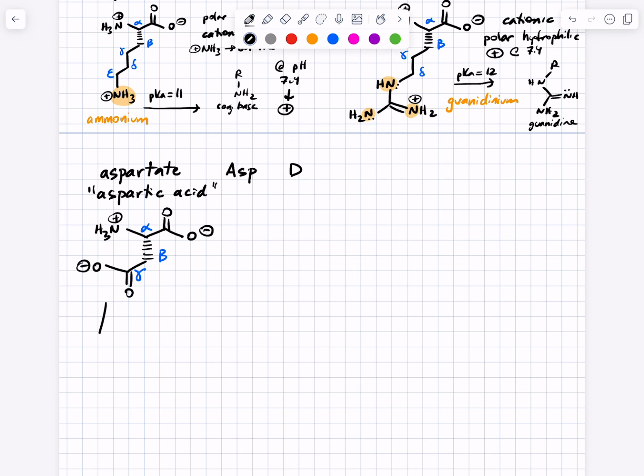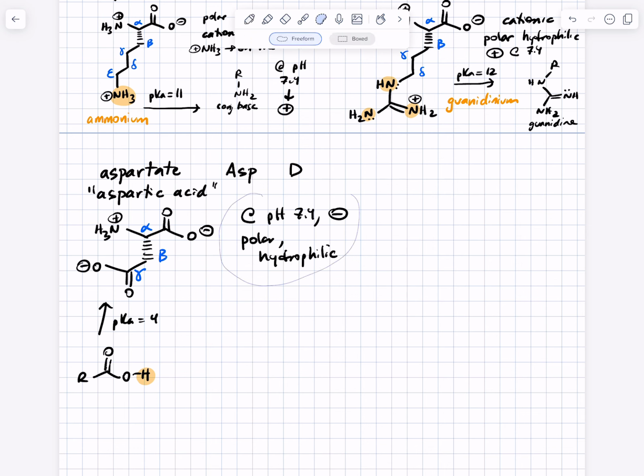The pKa of its conjugate acid is 4. So I'll just draw the conjugate acid. The pKa is 4. So at pH 7, this one should be negatively charged. It's polar, it's hydrophilic.